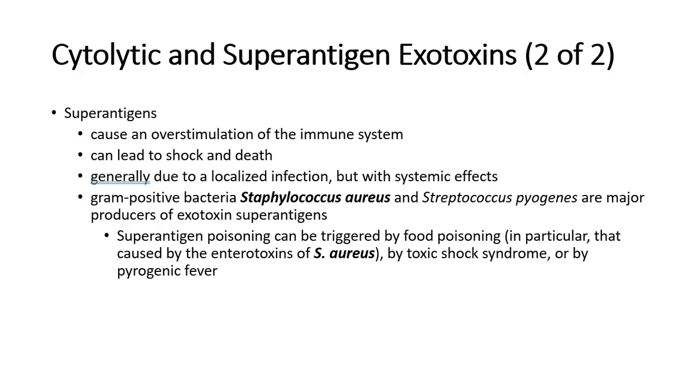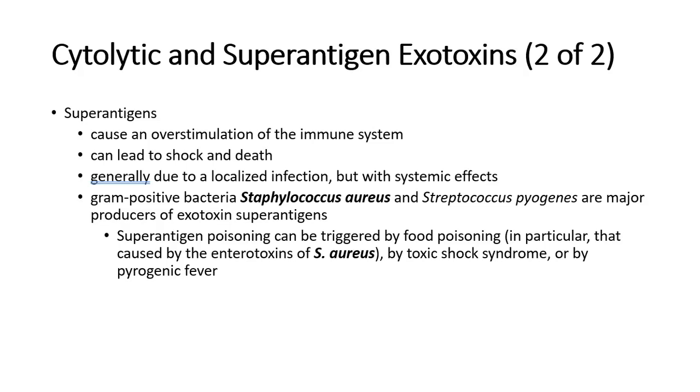So your gram-positive bacteria, Staph aureus that we just talked about, or strep pyogenes, your beta strep that has the hemolysin, they are major producers of superantigens.